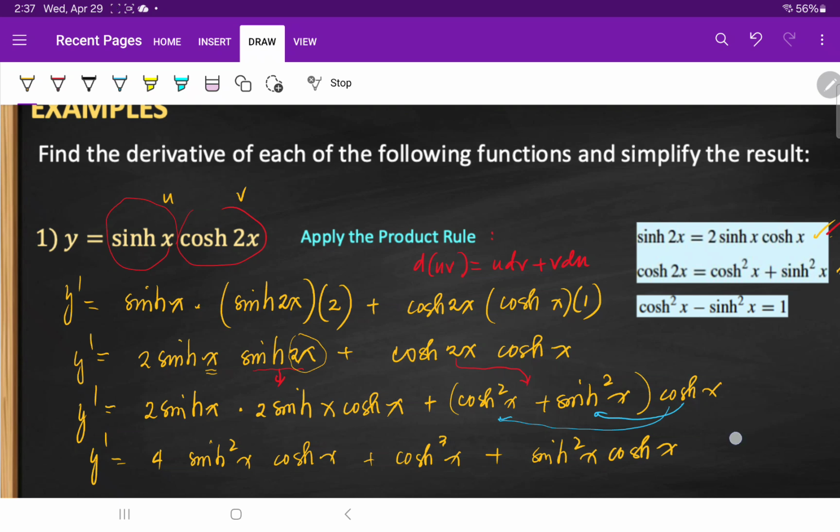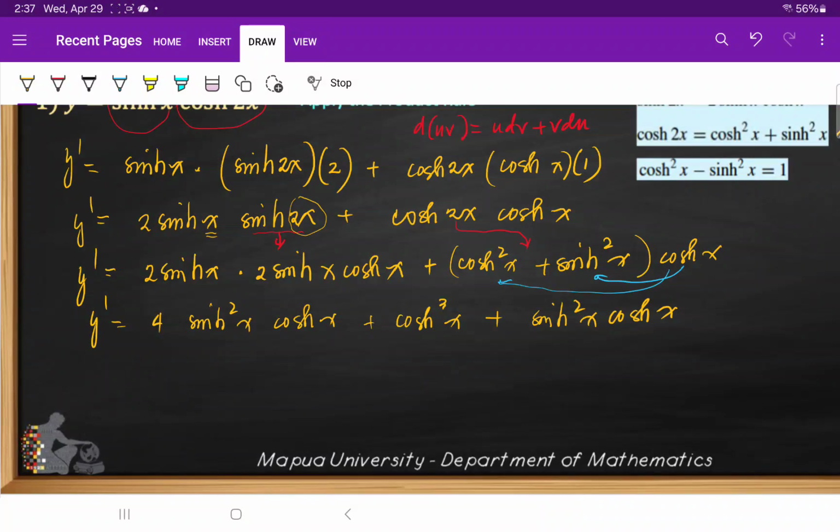Then we have similar terms, hyperbolic sine square x hyperbolic cosine x, so we have 5 hyperbolic sine square x hyperbolic cosine x plus hyperbolic cosine cube x.